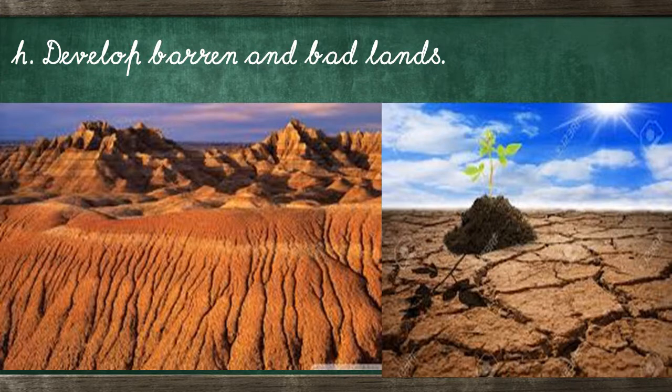Next is developing barren and badlands. The most important forest conservation measure is converting the bad and barren lands into vegetation belts. Hence, the planning and conservation of forest is not only the duty of the government, but also that of all the citizens of the country.